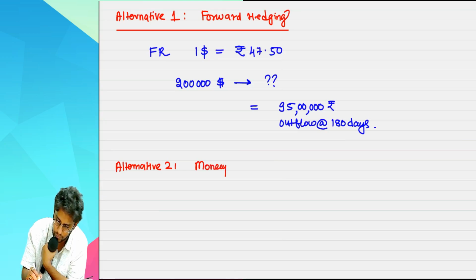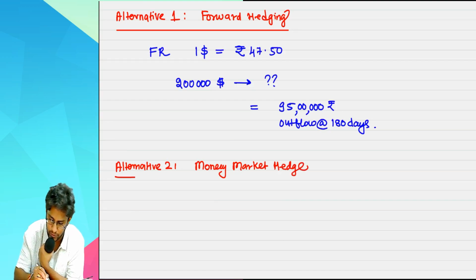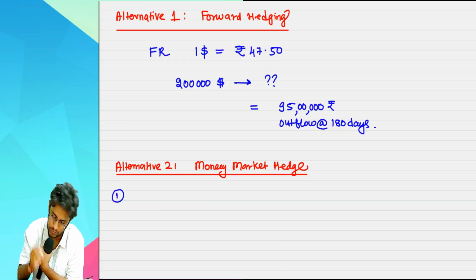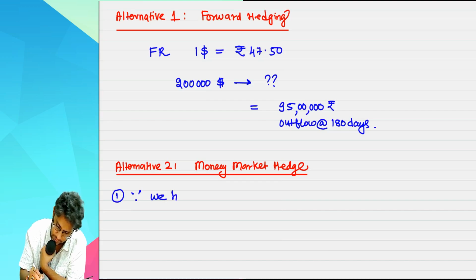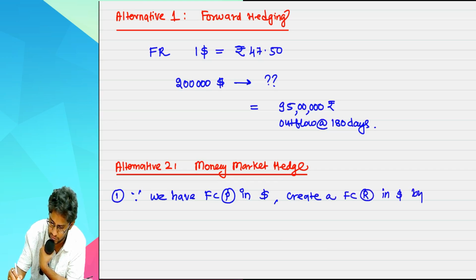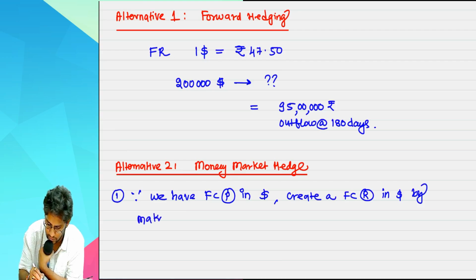Alternative 2. Money market operations. Since we have FC payable in dollars, create an FC receivable in dollars by making a dollar deposit.